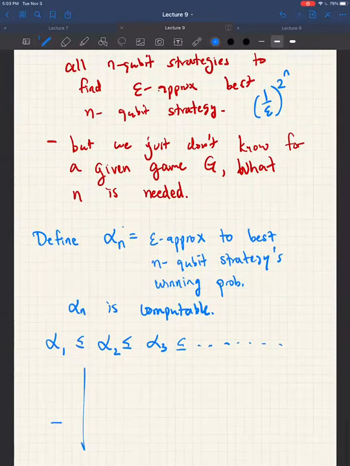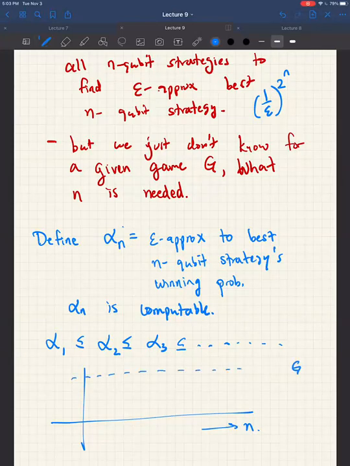And if you were to chart this out, let n go this way. For a given game G, there is some optimal winning probability that we're trying to establish. And if you plot this sequence of alphas, actually what we know is that these alphas will converge to omega star of G. We just don't know when it will converge.